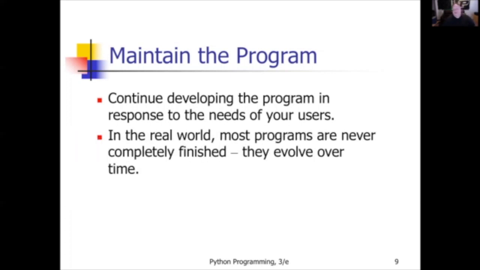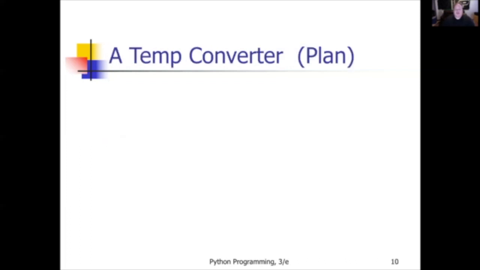And that's a great example of writing a program that solves a problem and then being given a more expansive problem. You need to maintain your program to make sure it satisfies the next needs. In the real world, programs are never done. There's always something. I mean, how often has your phone told you, hey, I just updated to the new operating system, and you thought to yourself, it was working fine before? Well, there's constantly some sort of maintenance and upkeep happening to programs as they evolve over time.